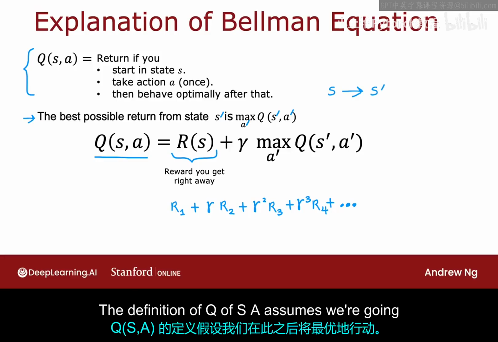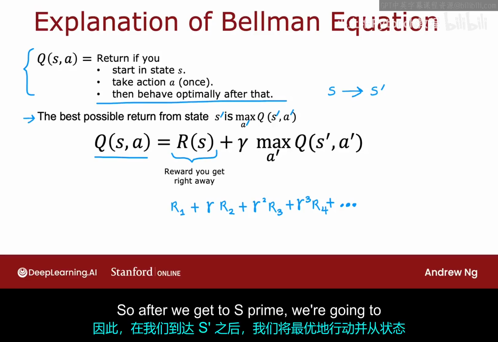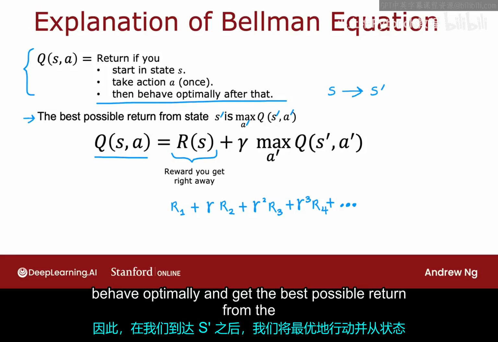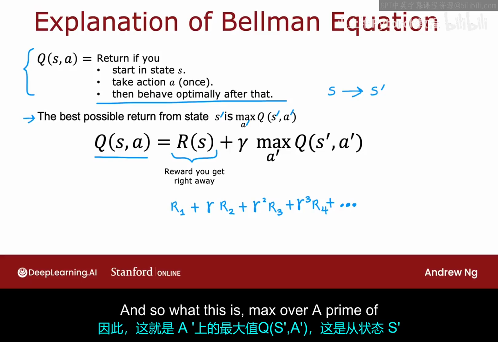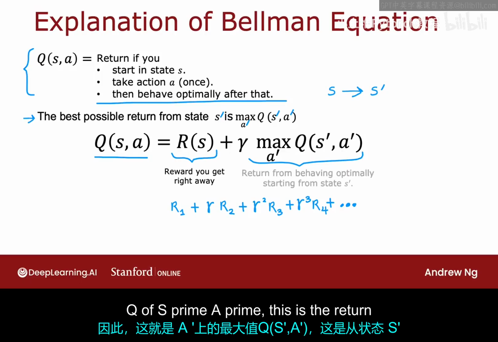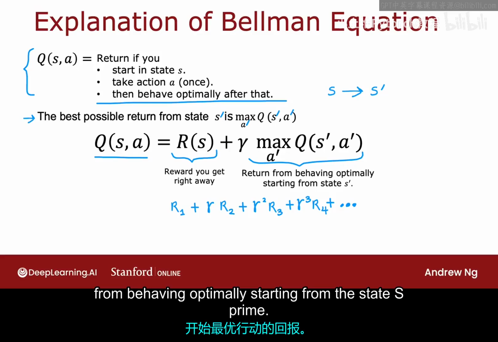The definition of Q of S, A assumes we're going to behave optimally after that. So after we get to S prime, we're going to behave optimally and get the best possible return from the state S prime. And so what this is, max over A prime of Q of S prime A prime, is the return from behaving optimally, starting from the state S prime.